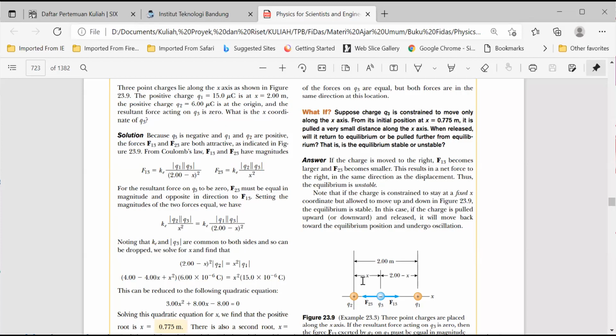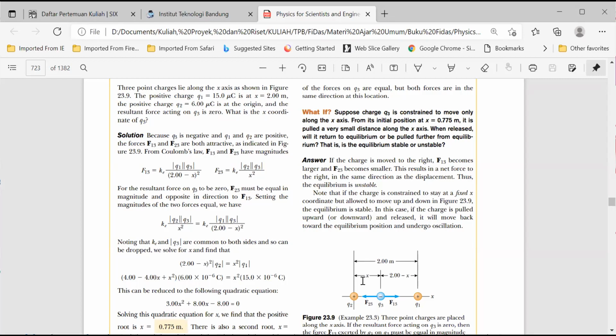What is the coordinate of Q3? Where should we put Q3 such that no force acts on it?